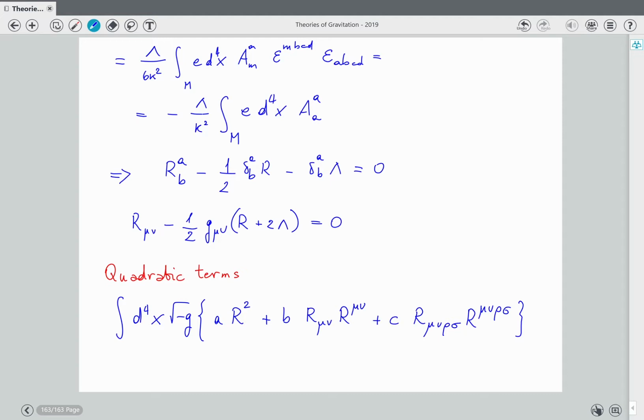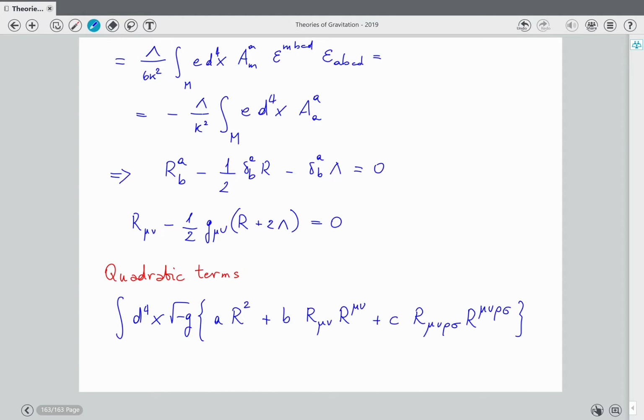Actually, one can wonder whether these are all the ones we can write. Well, with two Riemann tensors and without adding more derivatives, it will raise the dimensions.